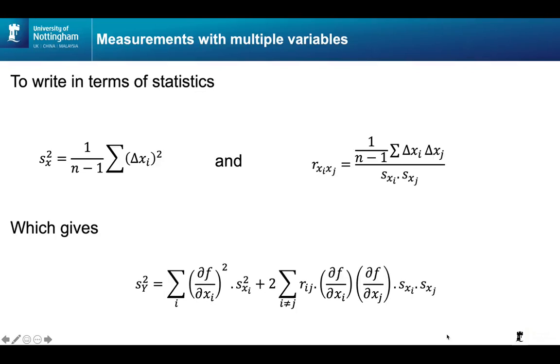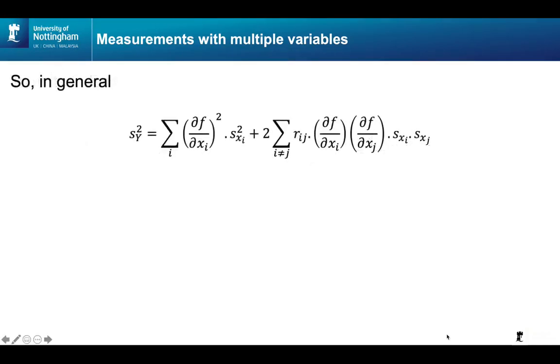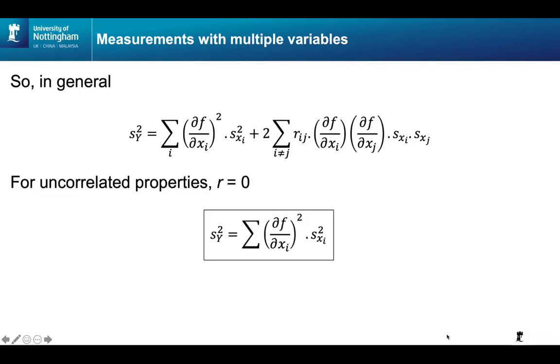Oh, sorry, no, the sum is in there, yeah. So which gives the equation s_y squared equals the first order term in the partial derivative squared plus the cross term as well, and you notice that we've used that correlation coefficient there. So in general, that's the general equation that we get, that you have your sum of squares plus that term in the correlation, which involves that correlation coefficient.